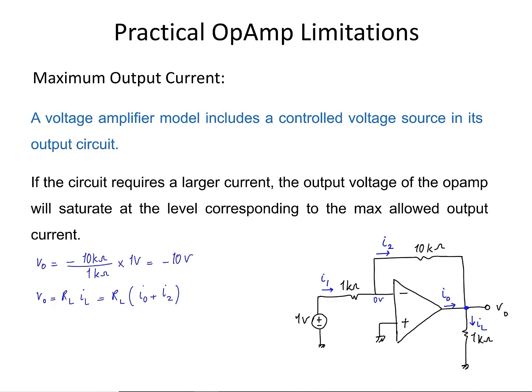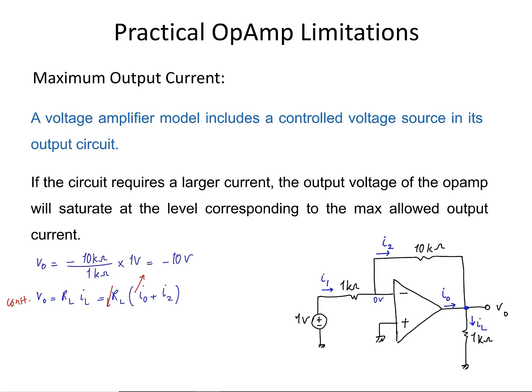Now, if I change the value of RL, or if I decrease the value of RL, to be able to maintain the constant negative 10 volts at the output, IOut must increase. So if I decrease RL, because I want to keep Vout at a constant level, the output current of the op-amp is going to increase to maintain a constant voltage level at the output.